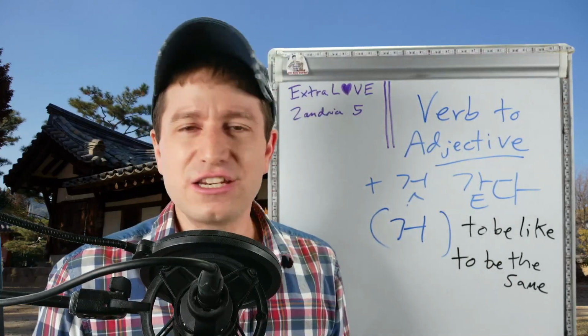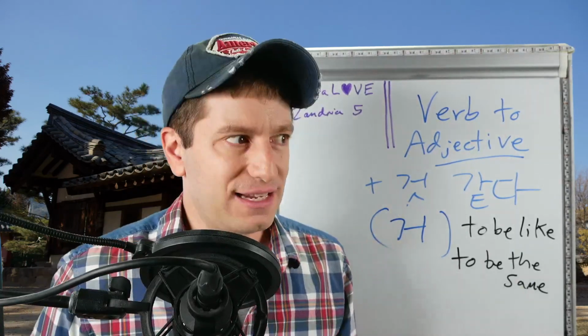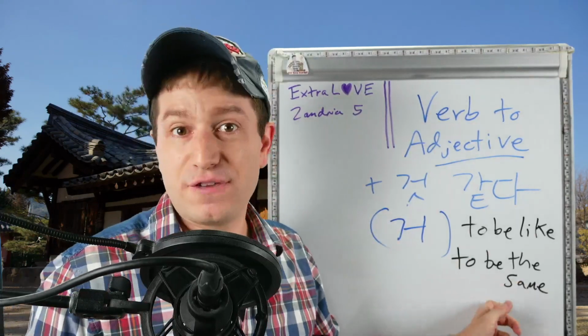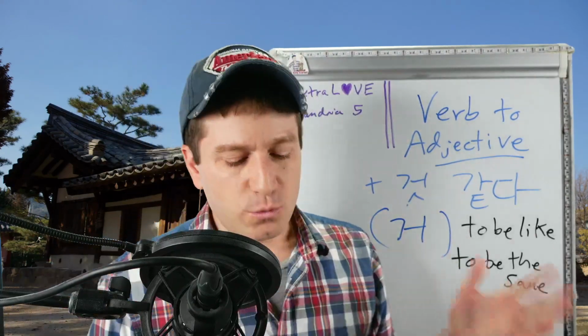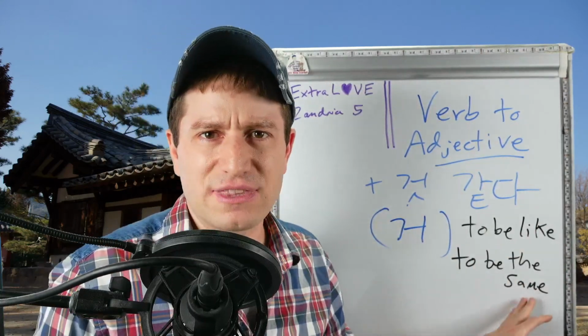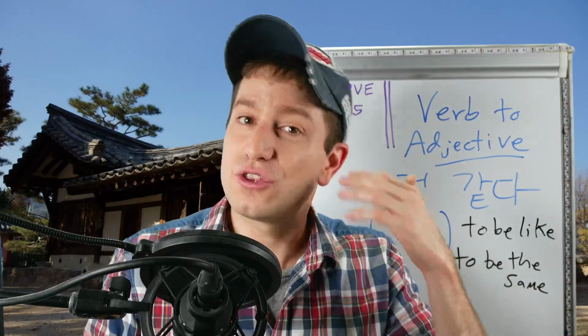This form has nothing to do with your thought. It sounds like you're saying it seems like, or it's like it's small, or it's the same as if it were small. But in Korean, when you say that something seems like something or something is like something, it feels like you're also expressing it as your thought.